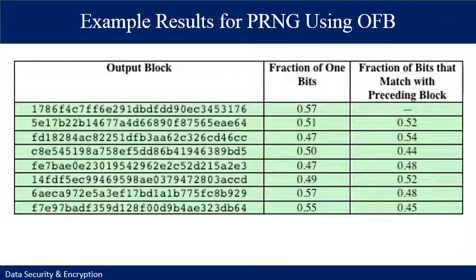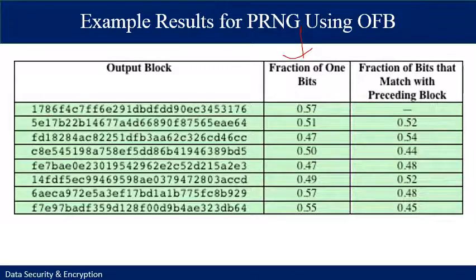The second column shows the fraction of 1 bits in each 128-bit block. This corresponds to one of the NIST tests. The result indicates that the output is split roughly equally between 0 and 1 bits.